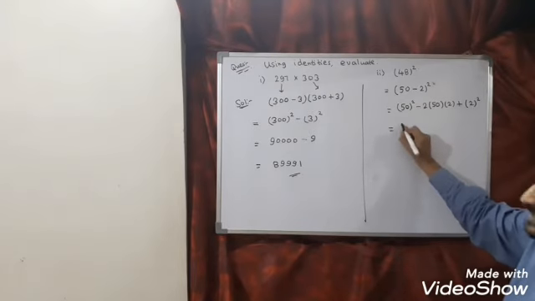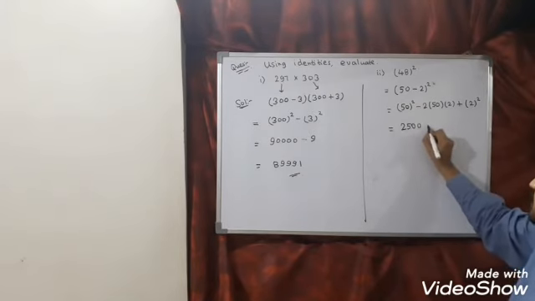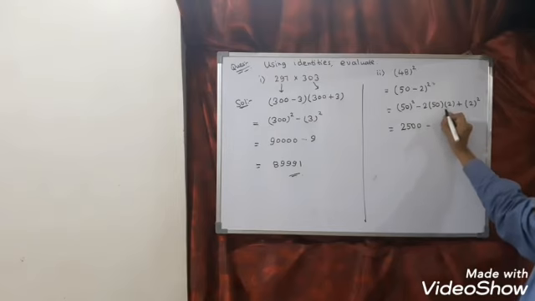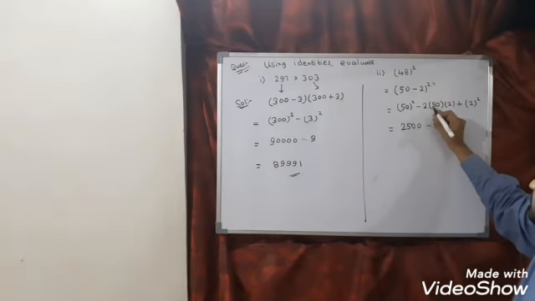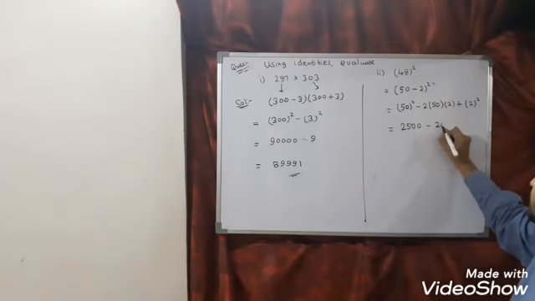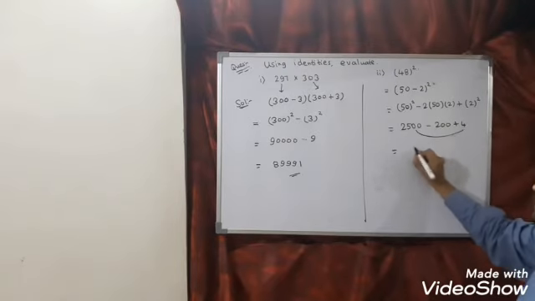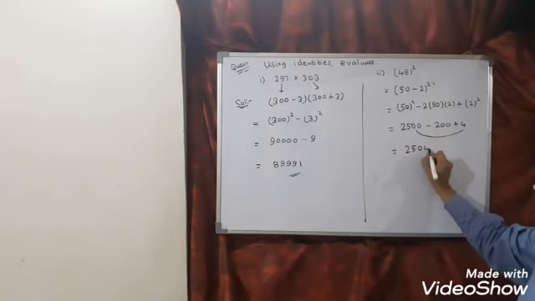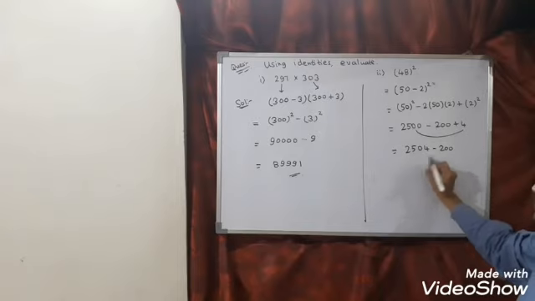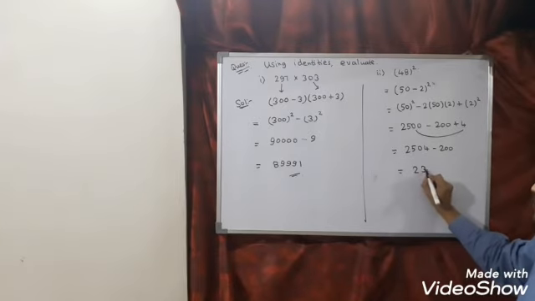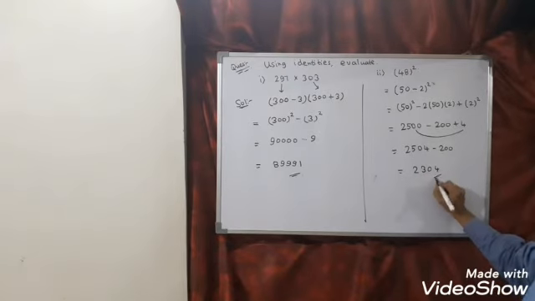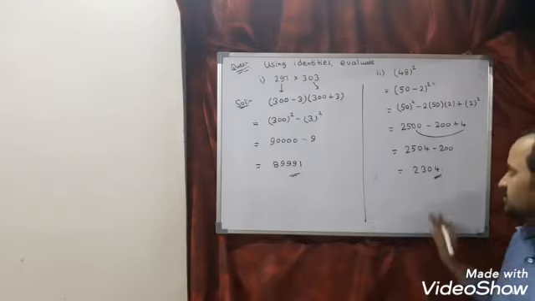So 50 square is 2500, minus 2 into 50 into 2, which is 200, plus 4. So 2504 minus 200. Finally what you will get is 2304. So this is the required solution.